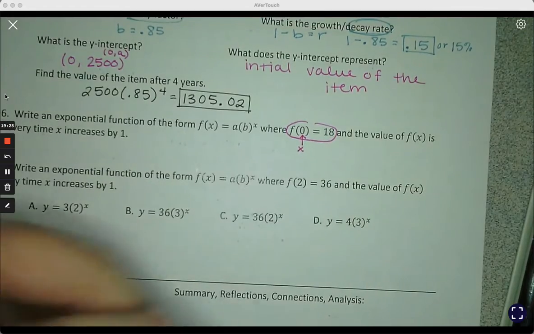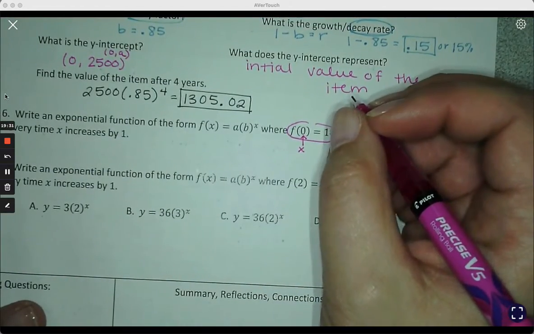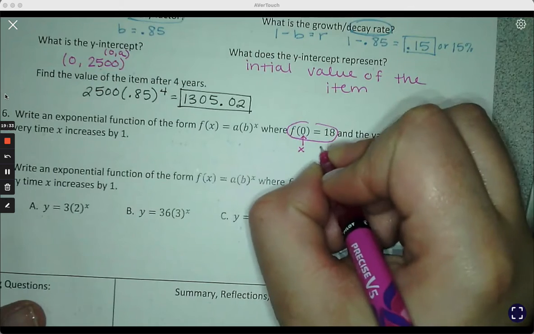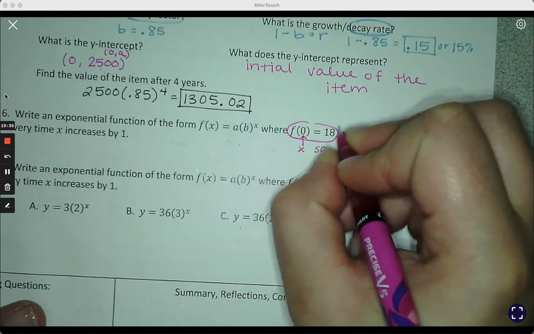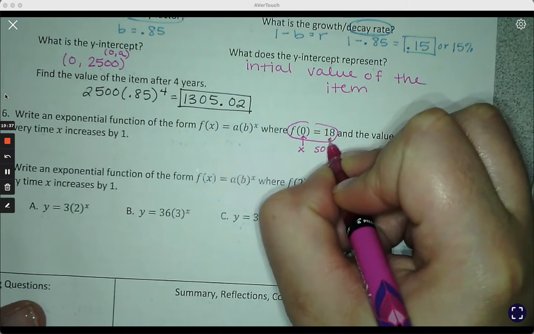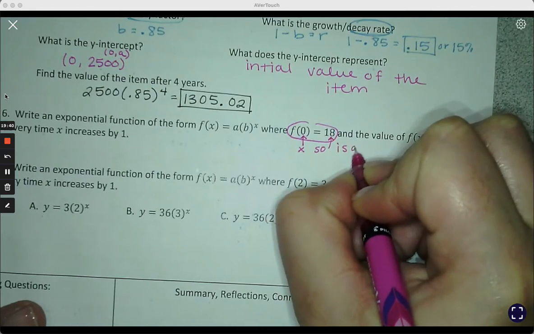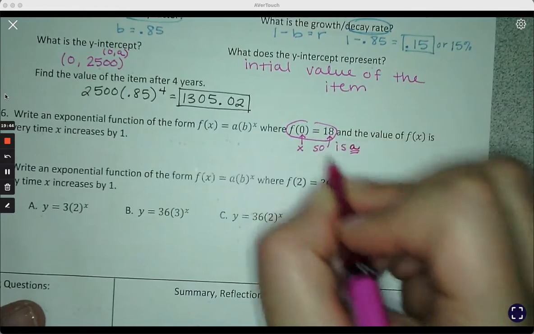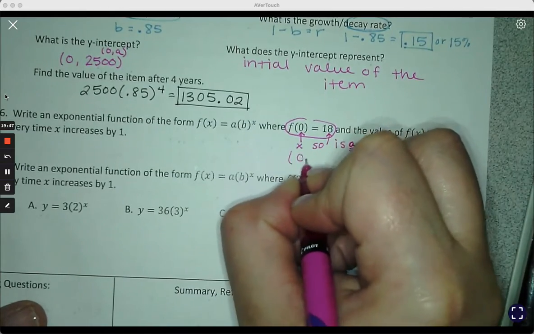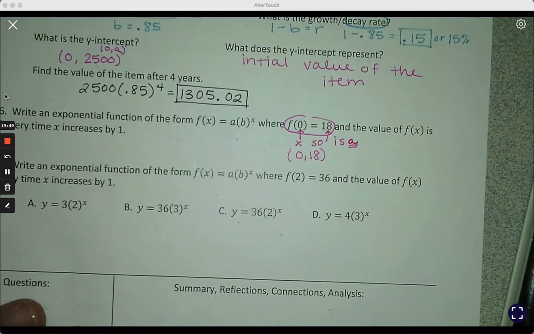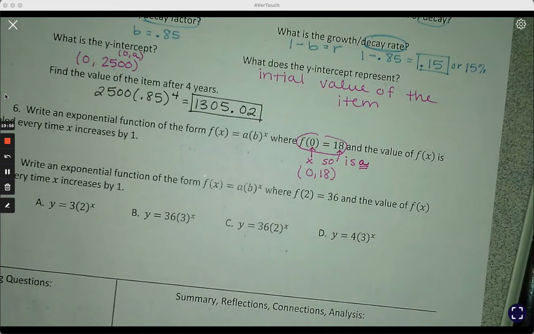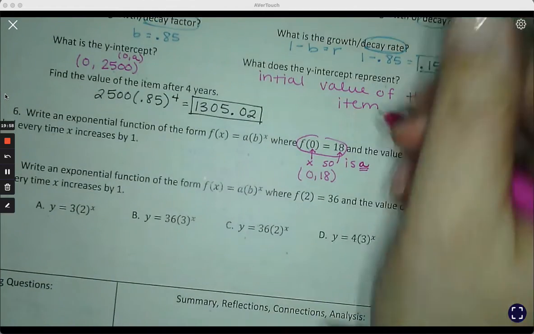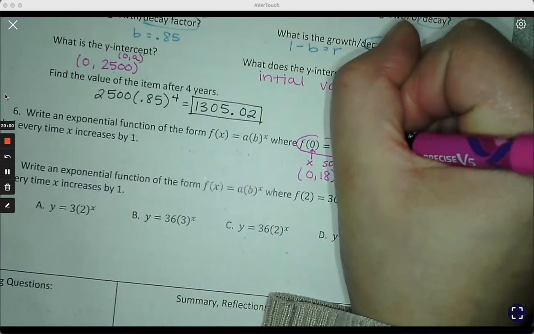So when x is 0, so this 18 is A. So what this means, this whole thing right here, means 0, 18. So A is 18.